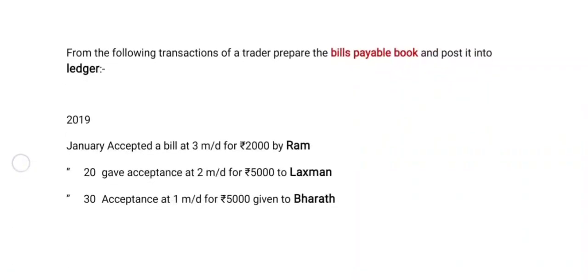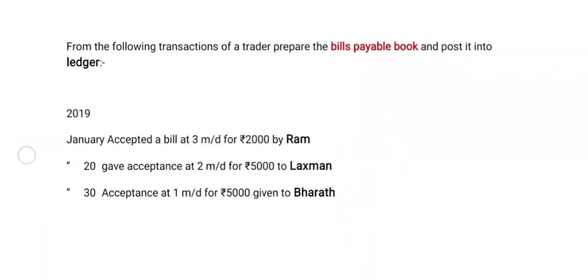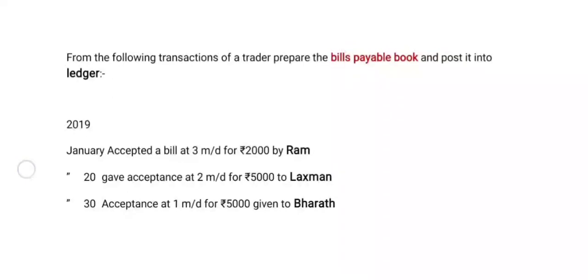Now coming to the second transaction, it is Jan 20, gave acceptance at 2 months for 5,000 rupees to Lakshman. Now coming to the 30th, it is acceptance at 1 month for 5,000 rupees given to Bharat. The below transactions are all related to the bills payable book, and after we prepare it, these details are posted to the ledger.